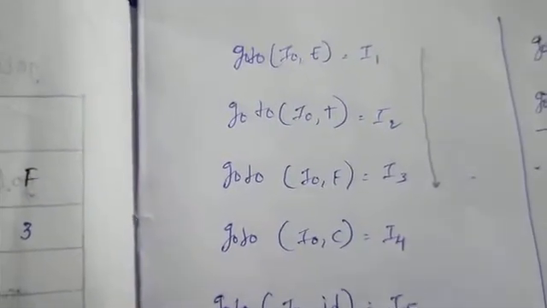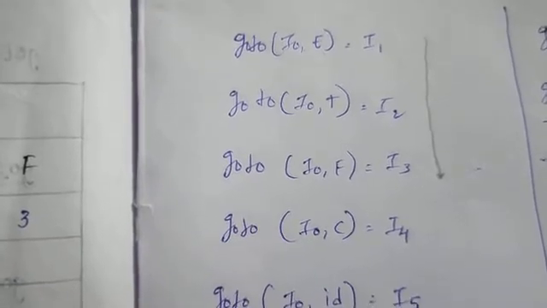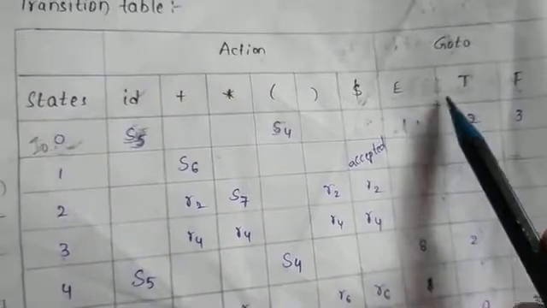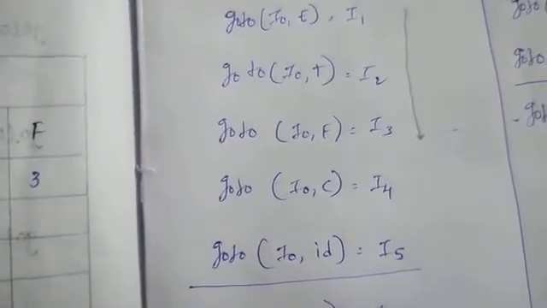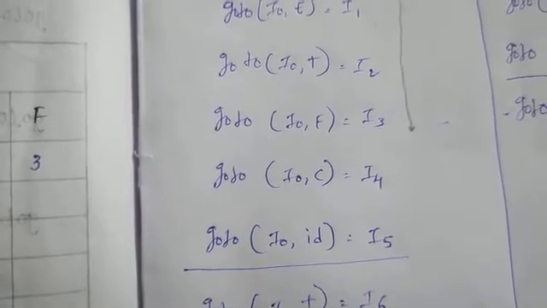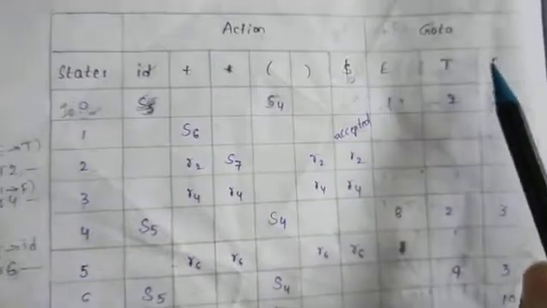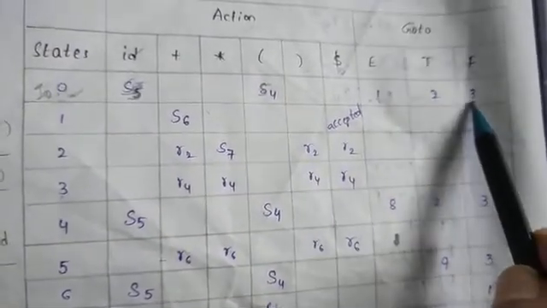Again, 0 on T, it will go to 2. Here goto I naught comma T equals I2. Same process, in the 0th state when T comes, it will go to the second state I2. Again goto I naught comma F, that means I3. In the 0th state, when F comes, it will go to the third state.